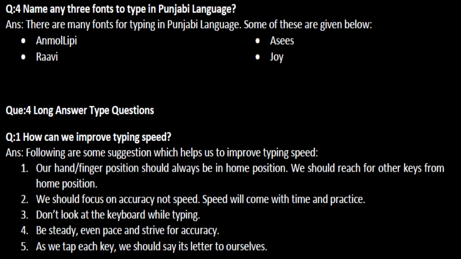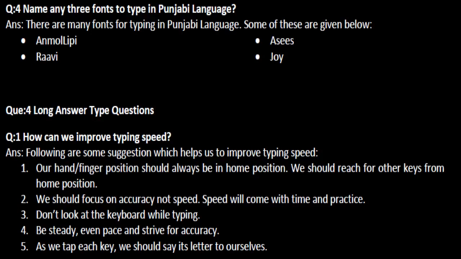Following are some suggestions which help us to improve typing speed. First, our hand or finger position should always be in home position. We should reach for other keys from home position, and after typing, come back to home keys.